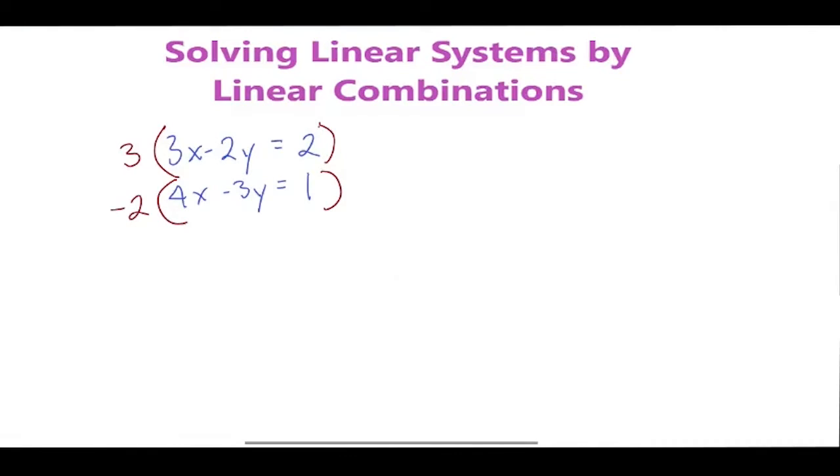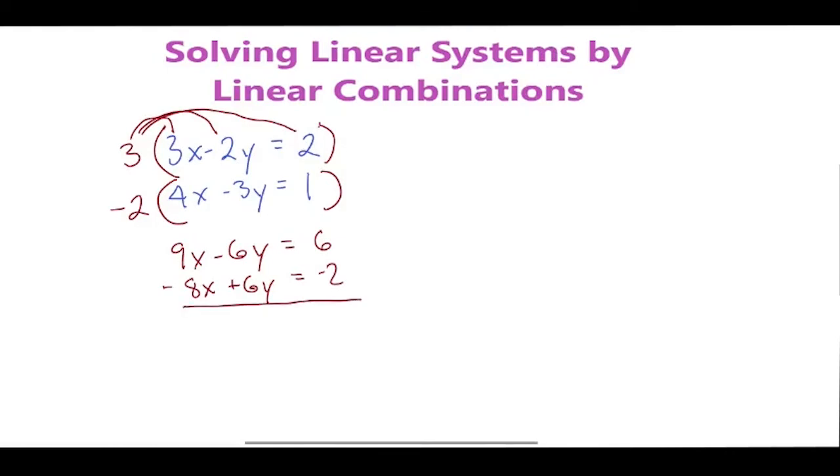So now I'll do my distributive property on the top, and that gives me 9x minus 6y equals 6, and negative 8x plus 6y equals negative 2.